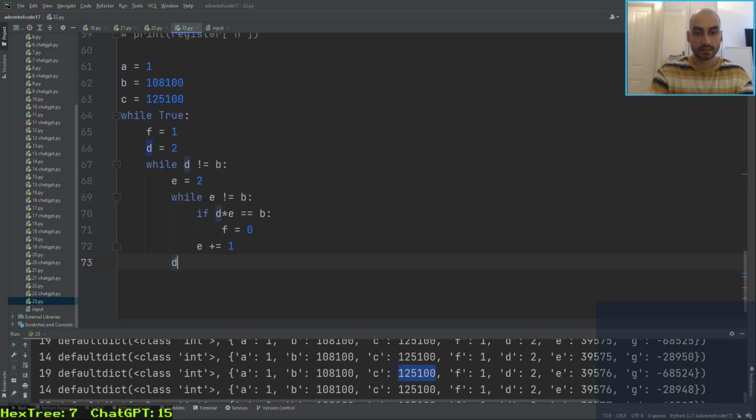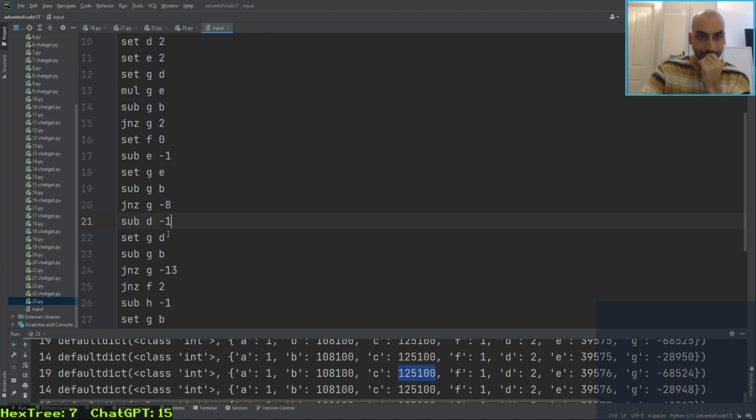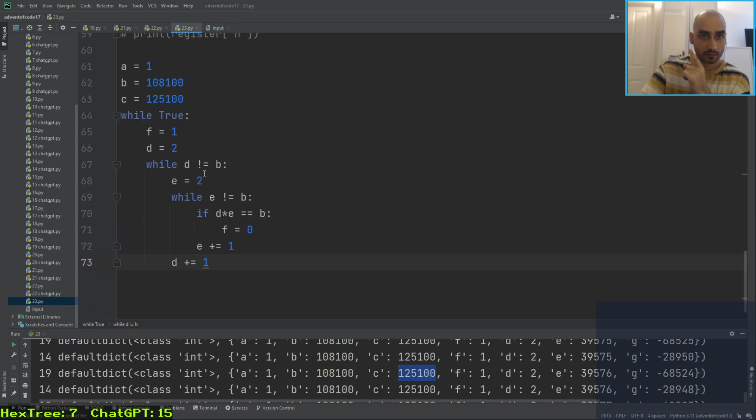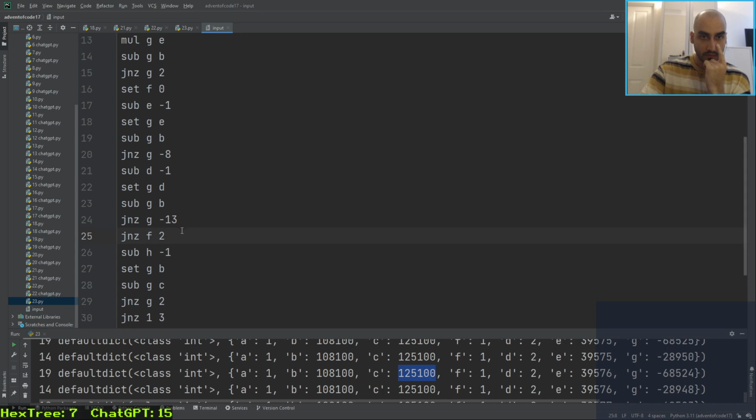We get D plus equal 1. And then we break out of that loop. Okay, this is looking good now. Alright, so now we're out of this loop. We're on to the next bit.